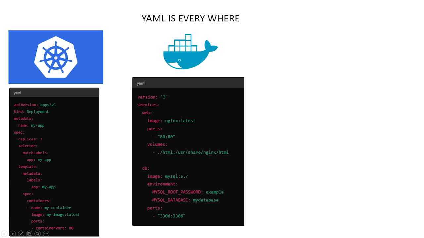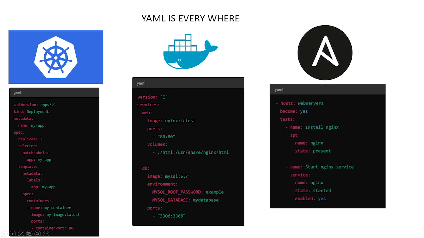So to make any file, okay, Docker compose file, we are using it. Okay, any other Docker related file, we are also using it. We are using YAML in Ansible as well to write our playbooks and to execute our playbooks, right? So YAML is usable almost everywhere.